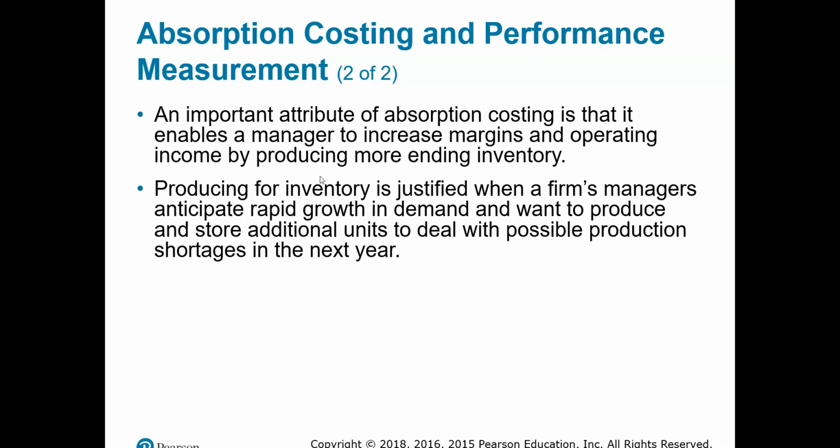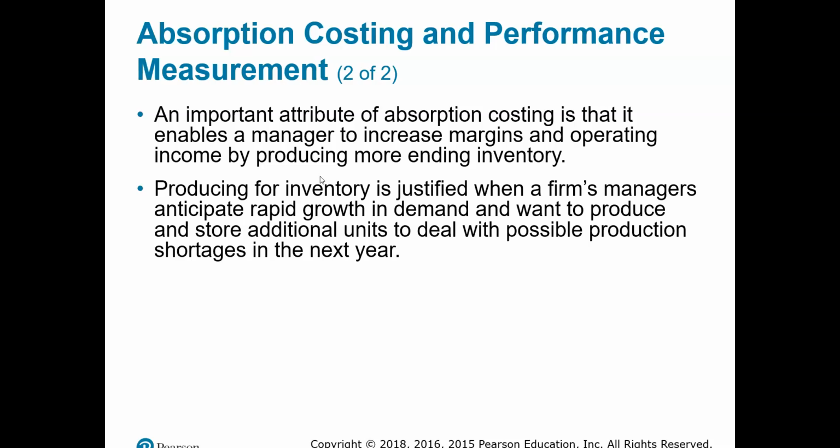Now, producing for inventory is justified when we're having rapid growth and we want to produce and have additional units for, let's say, safety stock, which we'll talk about in a future chapter. Why would we have safety stock? Well, we might have an unexpected increase in sales. We want to make sure we cover those sales.